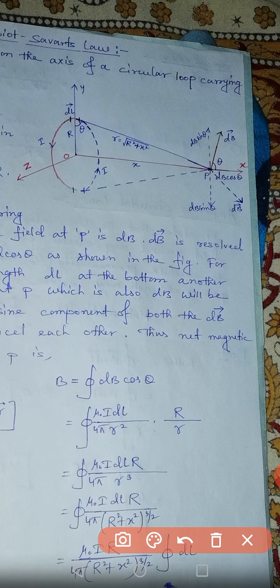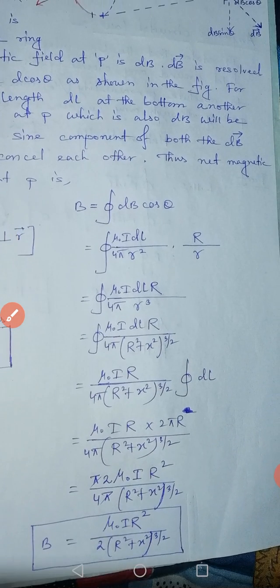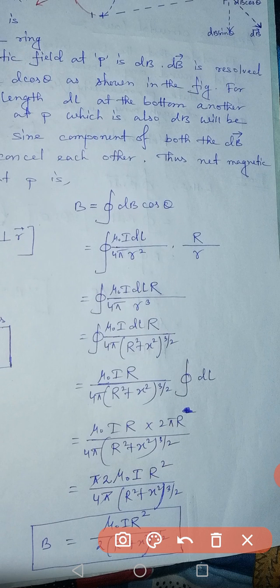Then, as I told you, inside the integration we have only dl. If you integrate this dl, it will cover the whole circumference, so it will be 2 pi R. So here it is done. dl is taken under integration, 2 pi R. Then certain things will get cancelled like pi, 2, 2 and 4, and finally we get this equation.